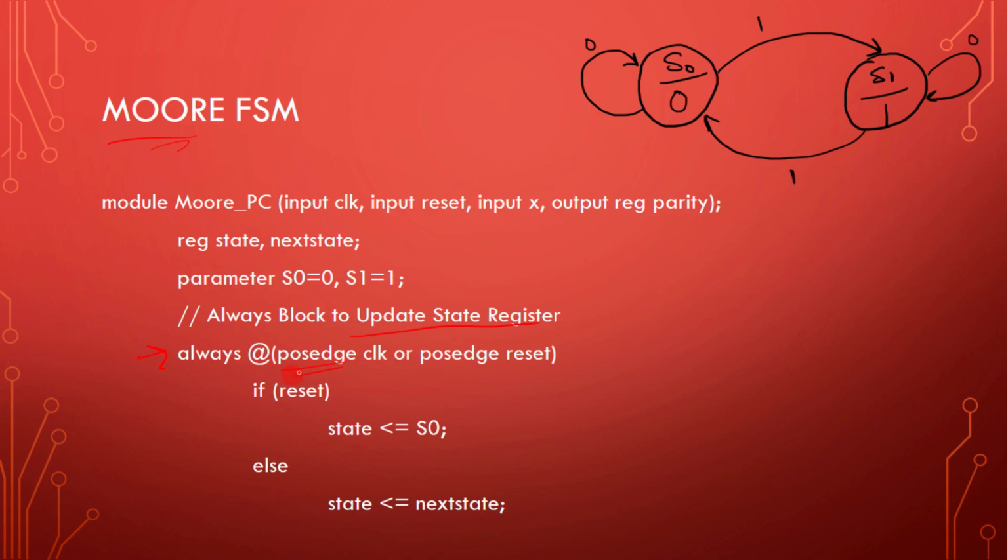So whenever you get a positive edge of your clock or a signal to reset your state register, this cyclic behavior will be executed. In this cyclic behavior, if you set your reset pin, your state will be initialized to your initial state S0. Else your state will be updated to next state.